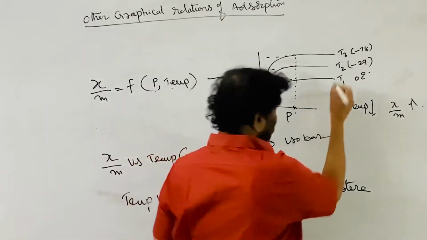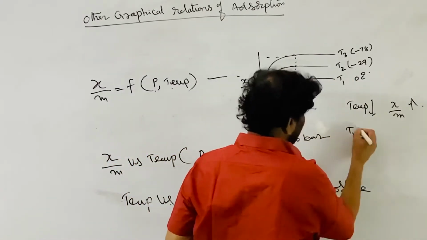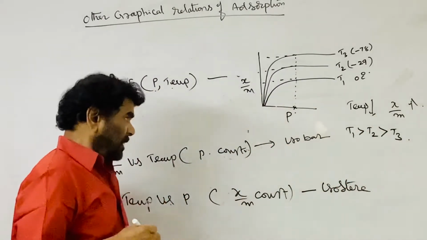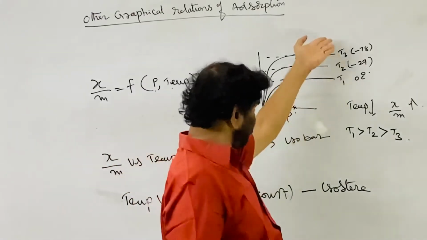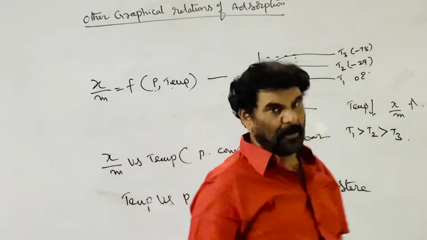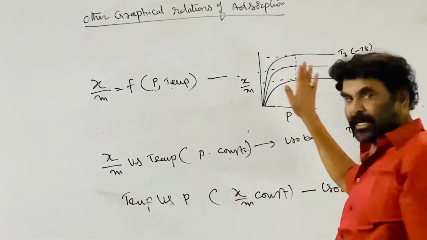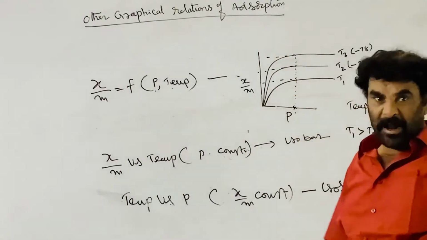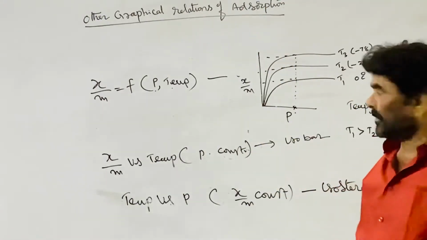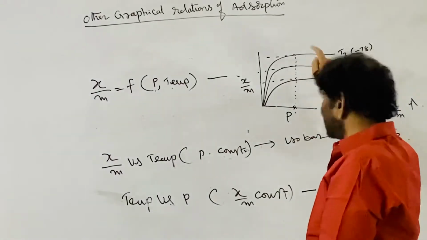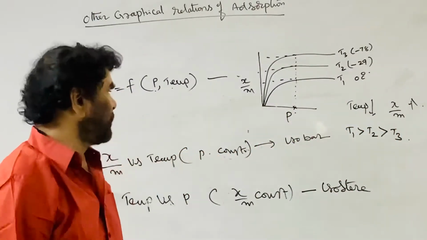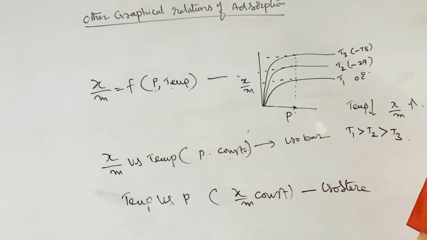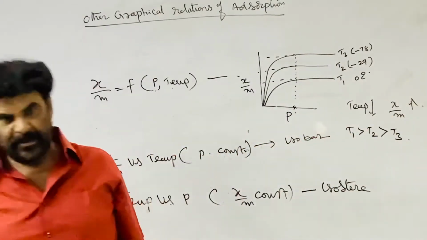Here T1 is greater than T2, which is greater than T3. So lower the temperature, higher the extent of adsorption. For the same nitrogen gas and charcoal, extent of adsorption is measured under different temperatures. These are isotherms at different temperatures. So as the temperature increases, extent of adsorption decreases.